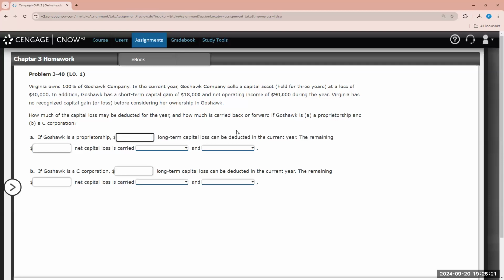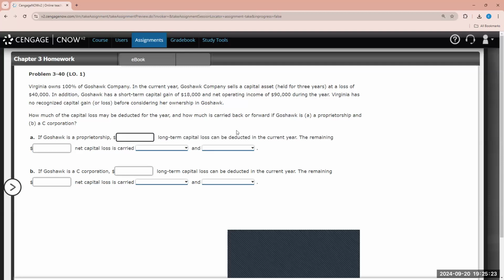So since they're the proprietorship, for the long-term capital loss, the amount that is allowed to be deducted in the current year is $21,000. And then the remaining amount is carried forward.